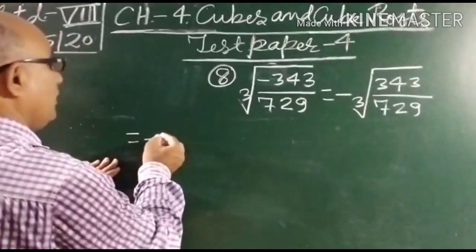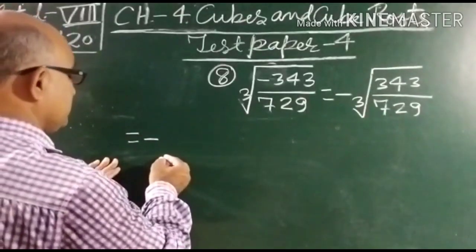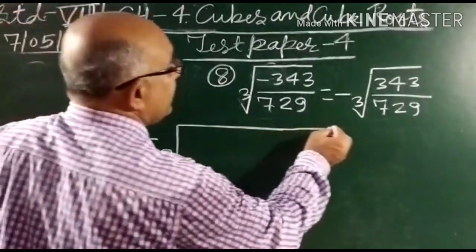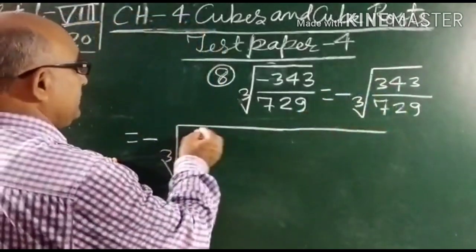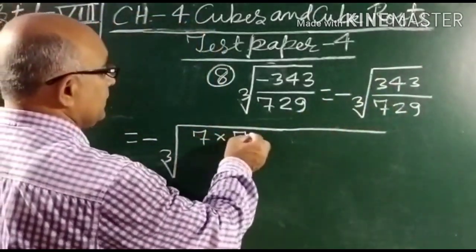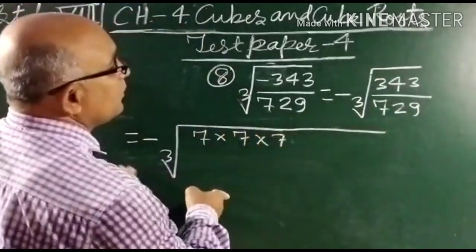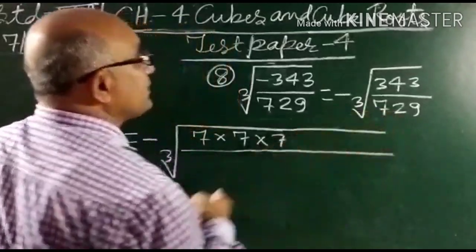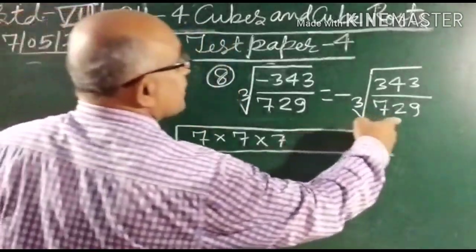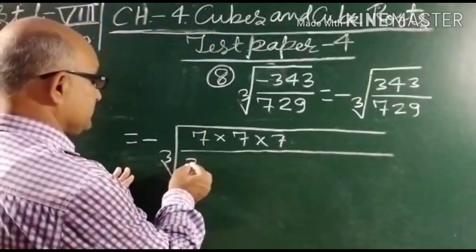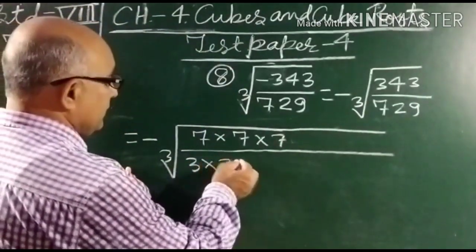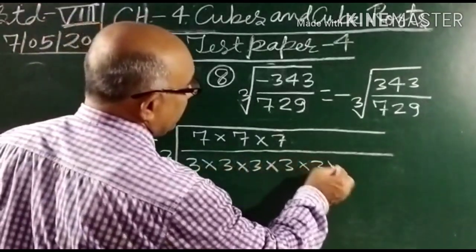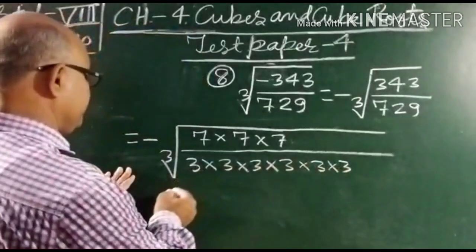Now equal to minus cube root of, write the factors of 343: 7 into 7 into 7, and the factors of 729: 3 into 3 into 3 into 3 into 3 into 3.